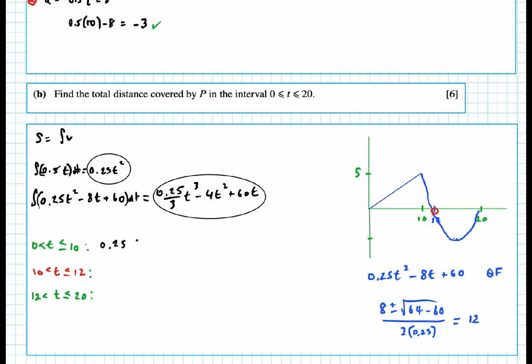So our first one 0.25 and then 10 squared, which is 25. You could do that with the area of a triangle calculation as well, as you can see. So for our next two parts, we're integrating the curves above and below the x-axis there. So 0.25 over 3 is 1 over 12. Let's just simplify that there.